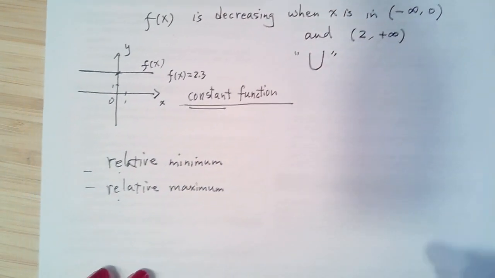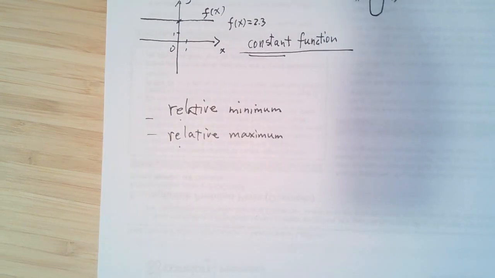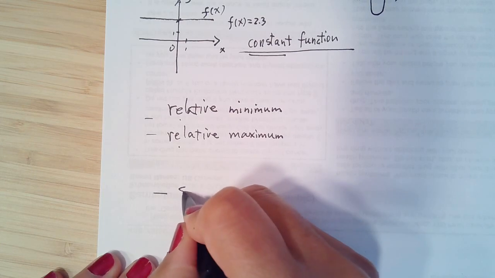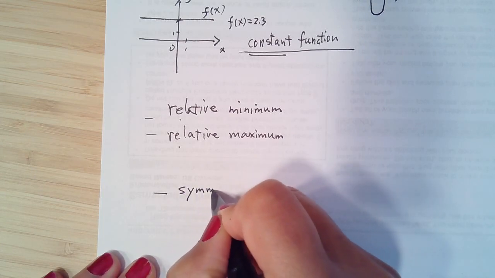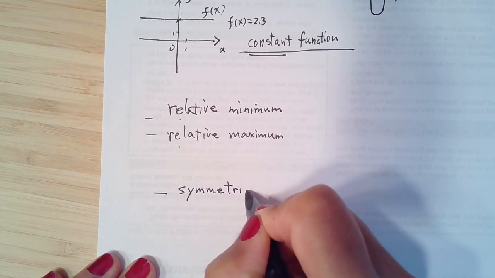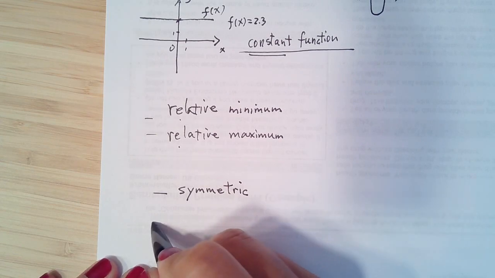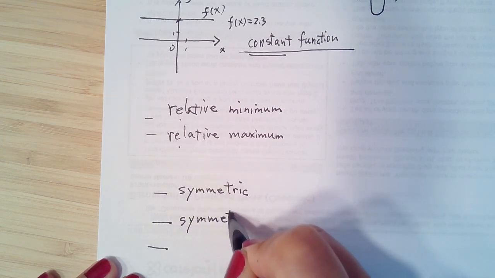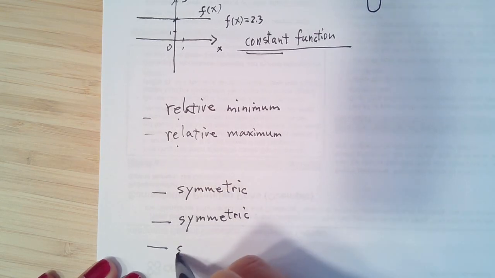All right, now, after increasing, decreasing, constant, and after we learn the relative minimum and relative maximum, the next thing is symmetric. There are different types of symmetric. Let me just write this first.